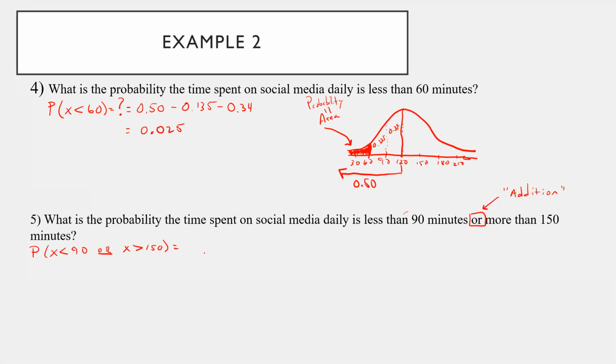So you're just going to take the probability that X is less than 90 and add to it the probability that X is greater than 150. So you have to find two different probabilities here. So I'm going to sketch the density curve again.